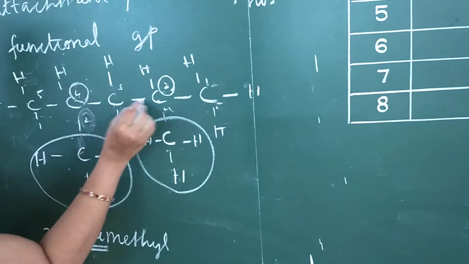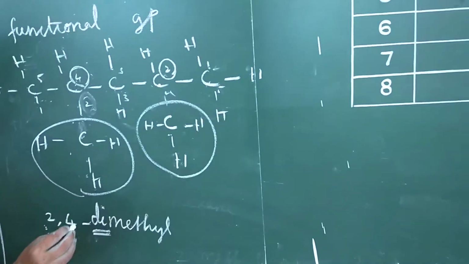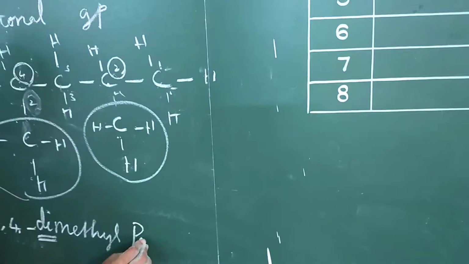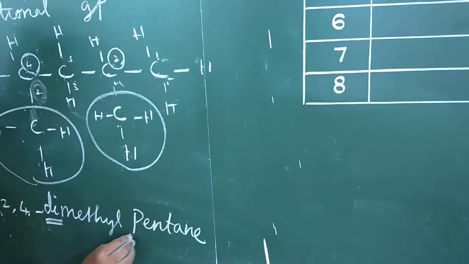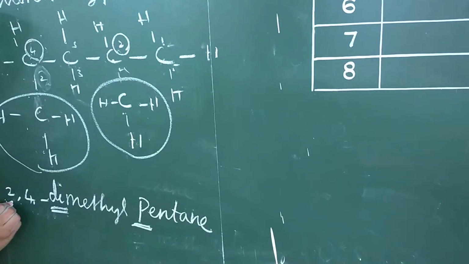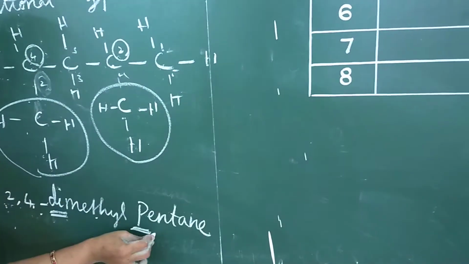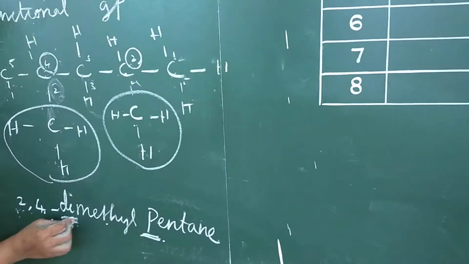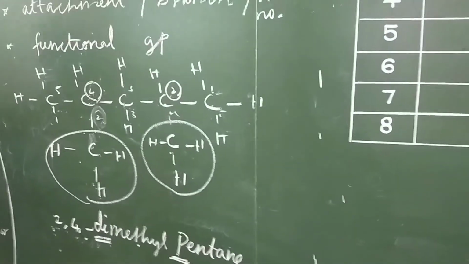Which is the long chain? 1, 2, 3, 4, 5. 5 carbon atoms are there in a straight line. If 5 carbon atoms are there, what do we say? We name it pentane. So carbons 2 and 4 are the positions, methyl is the attachment group, and pentane is the straight line. So 2,4-dimethylpentane.